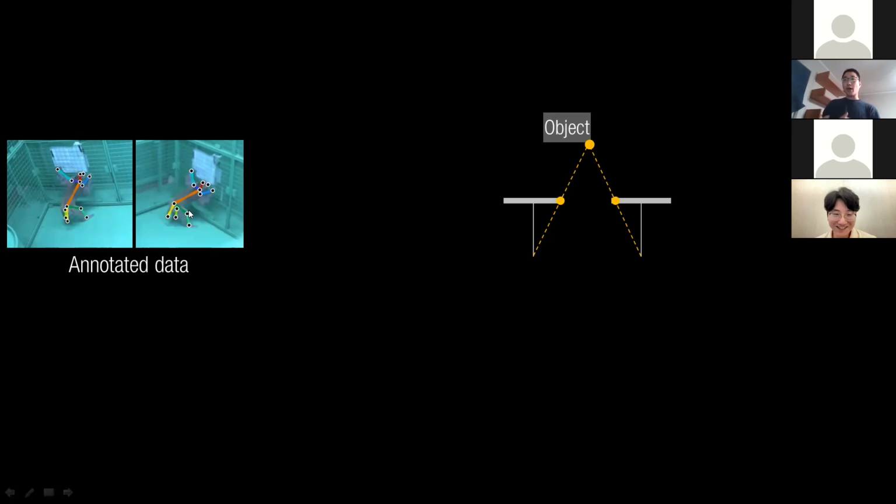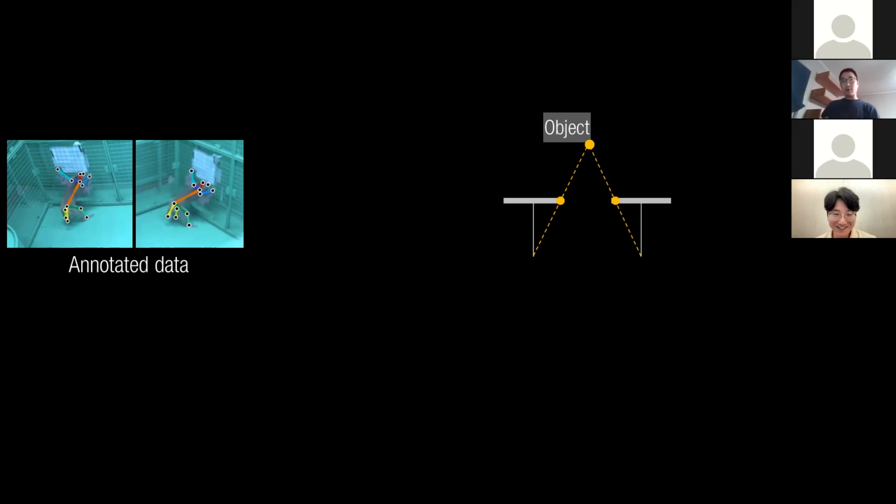If we have a label of the shoulder in two images, then given this correspondence, here I'm showing the camera geometry, two cameras seen from different viewpoints, and here's the location of the shoulder, let's say, and then we can triangulate it in three-dimensional space to identify the 3D location of this point.